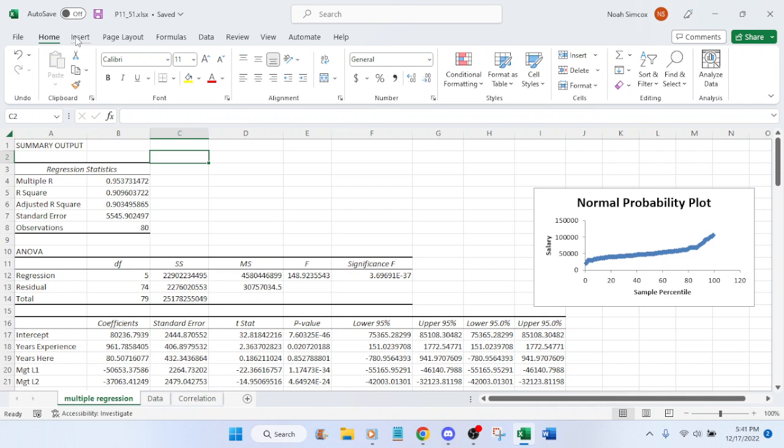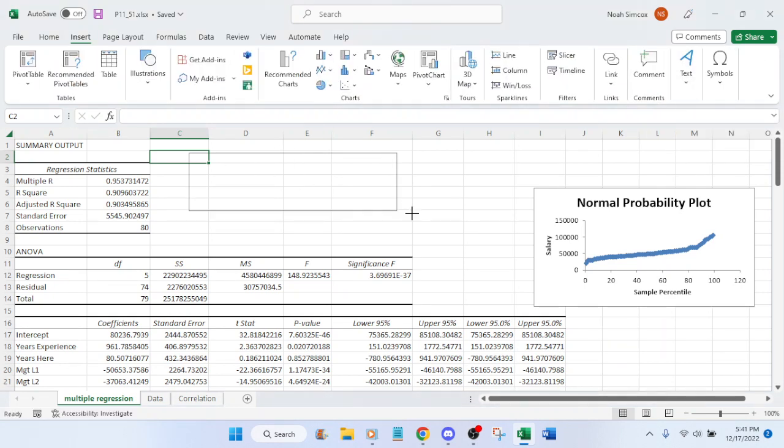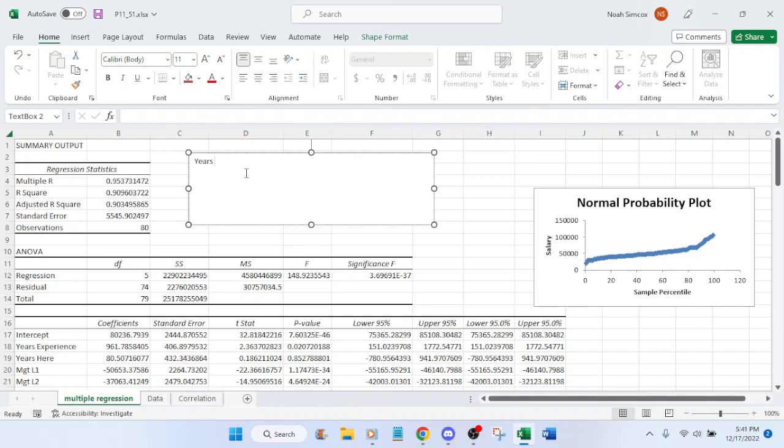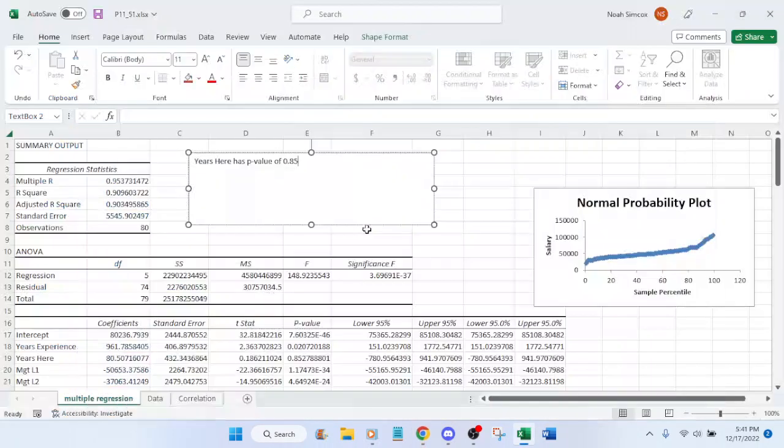Years here has a p-value of 0.85. We can eliminate it from the equation.